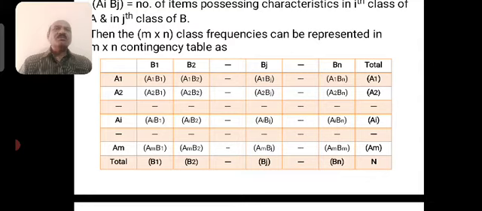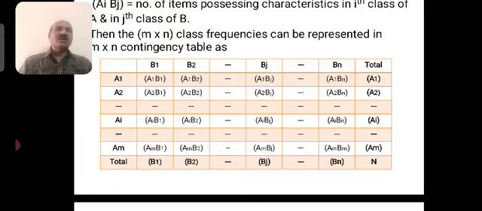Bracketed means the number of atoms belonging to the first class A1. In the A1 class, the middle totals will be 2, 3, 5 like that, and the last total will be 50.